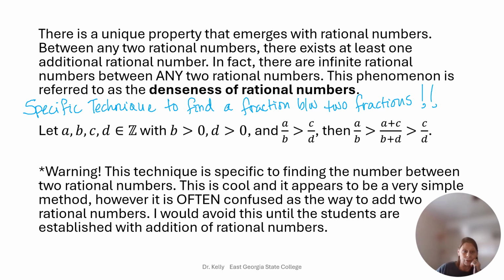So what this says is you add the two numerators over the sum of the denominators. Okay, and that is going to give us a number in between.